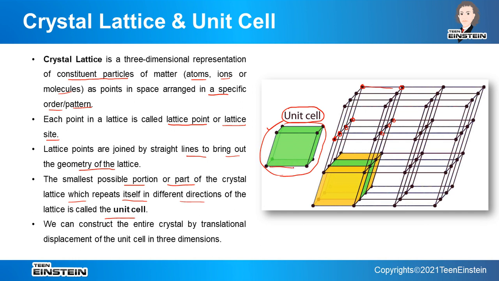For example, this green portion: we can construct the entire lattice by translational displacement of the unit cell in three dimensions. Translational displacement means the unit cell can move straight in this direction, or like this, then this. So that is all about unit cell and crystal lattice.